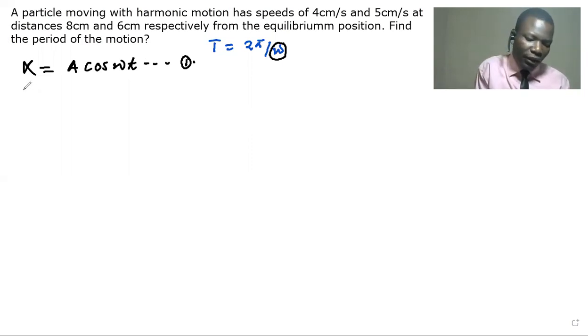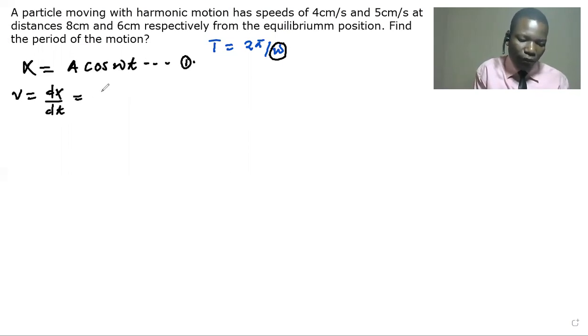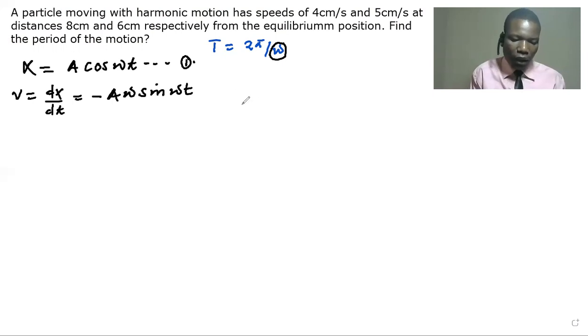So speed is the change in distance with respect to time, which is basically going to be negative amplitude omega sine omega t. This is going to be our speed, equation 2.